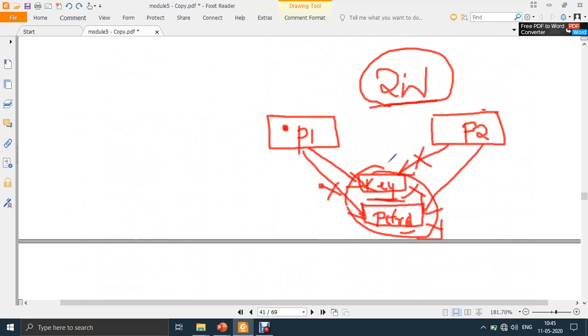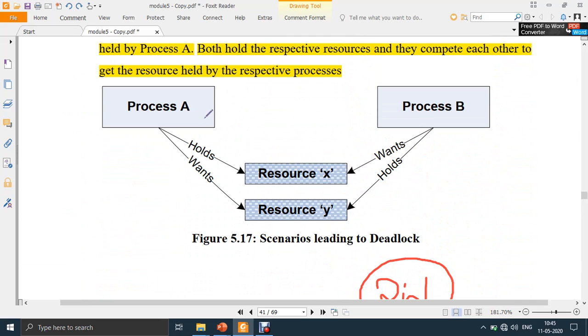Okay, so again, if you go back to this example, this would have never happened if the OS had the permission of resource preemption. What is that? If the OS had the permission to take away resource X from A, then process A would already have Y. Since X was taken away from A, X is free now.